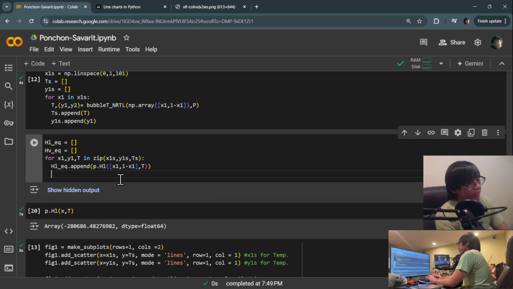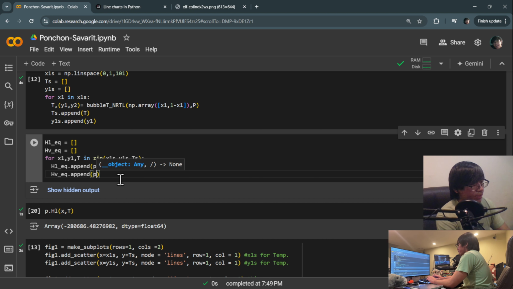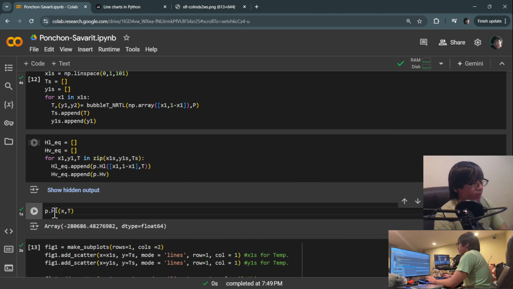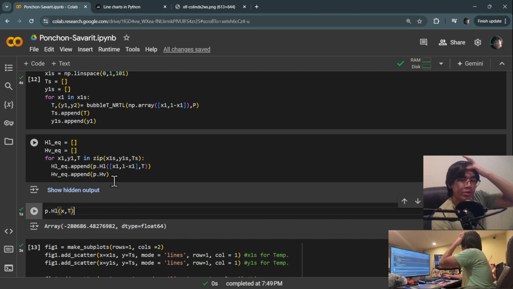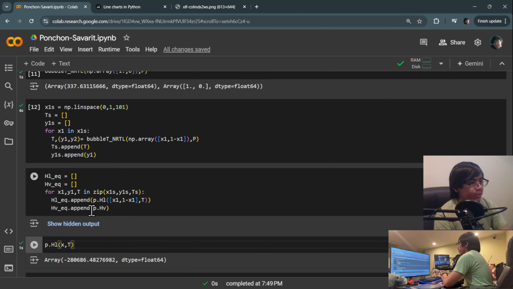And then heat of vaporization, it's pretty much the exact same thing, except we now use our y1s as the mole fraction. So again, with liquid, there's also a p.hv, the properties we use from our CHG tools GitHub import. It gets the vaporization of the composition based on the moles of vapor this time.